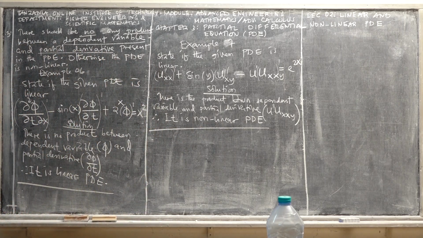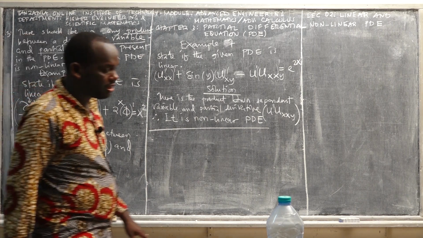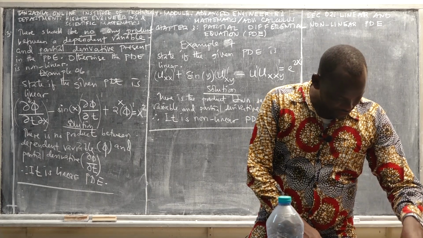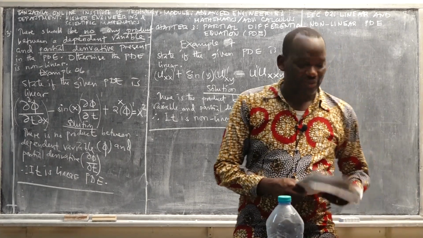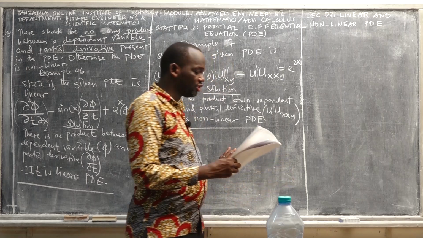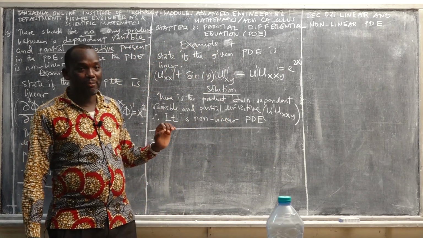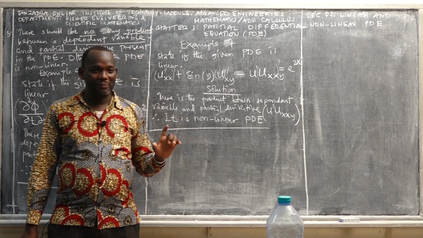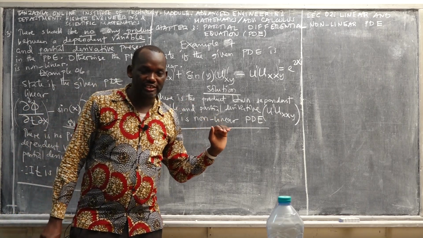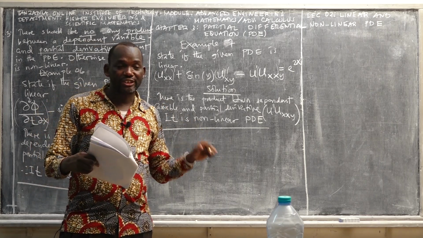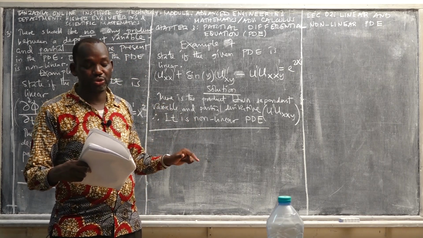Is it clear? Yeah, so if it's clear, today I'll leave the homework. Previous questions I did not leave them, so let me leave the homework. Very interesting. These are the questions which have been asked in test 2 of 2014 at Dar es Salaam Institute of Technology.